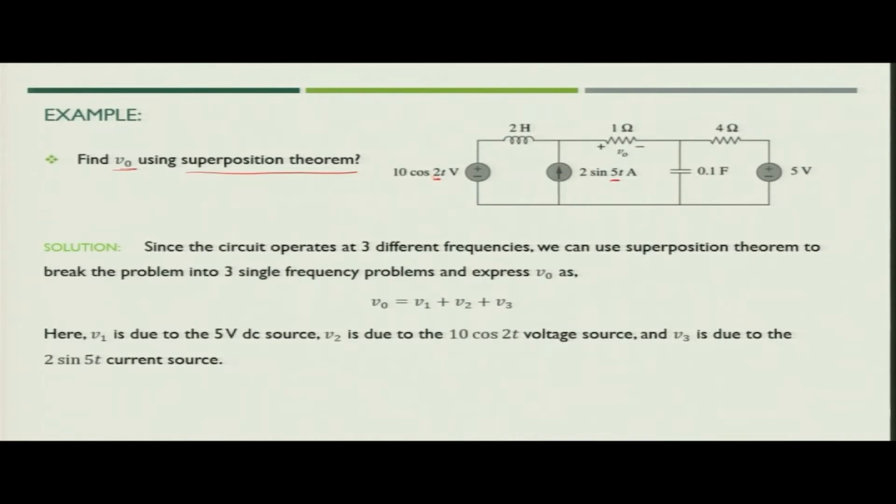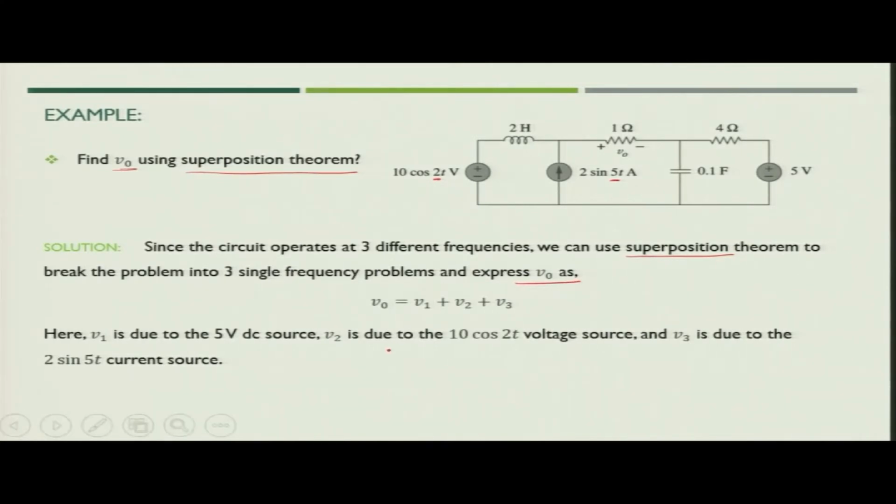So, when you have different sources operating at different frequencies, we will utilize the superposition theorem by taking one source at a time and solving the circuit, and finally we sum up the outputs, so that we get the final output of the circuit. In this case we need to find the value of V naught.